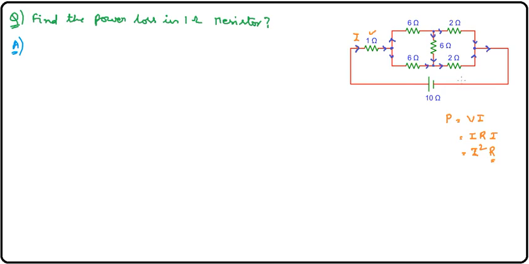To say that two resistors are in series, the current should be the same. First I want to check this resistor against another resistor. The current flowing through this 6 ohm resistor is not the same as the current flowing through any of the other resistors.